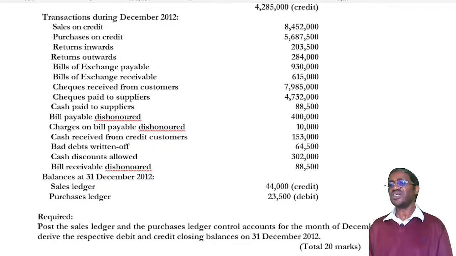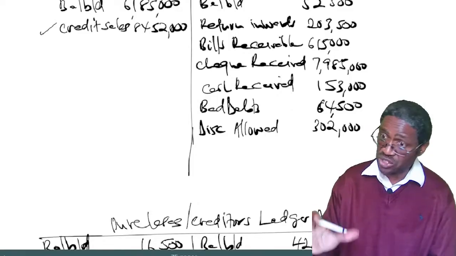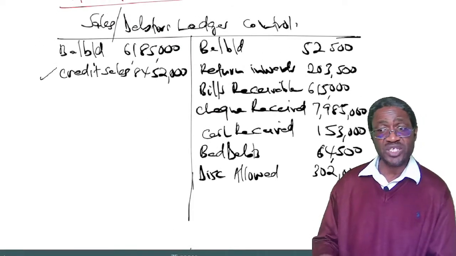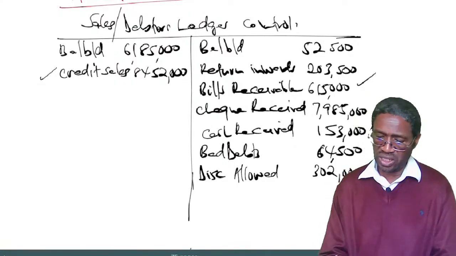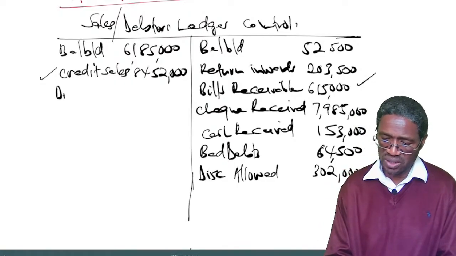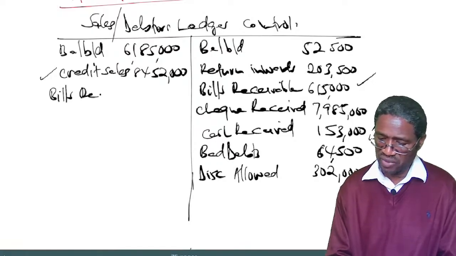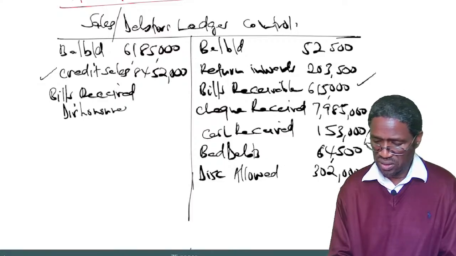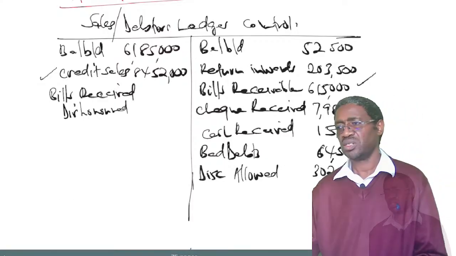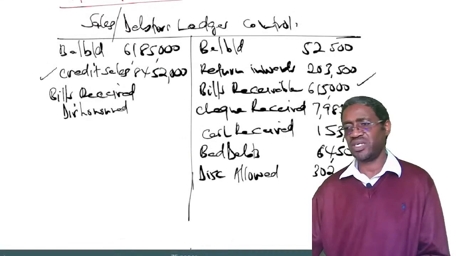So it became a bill receivable to you as a business. Now it has become dishonored. So we go and cancel it. Where did you record it? On the credit. You can see it here, 615. Part of it has become dishonored. You debit. You come and see your bills receivable dishonored. How much? 88,500.